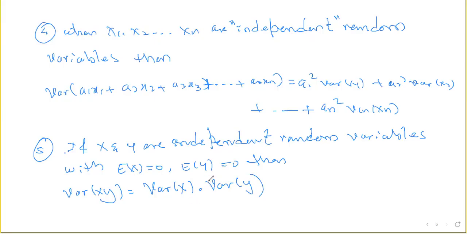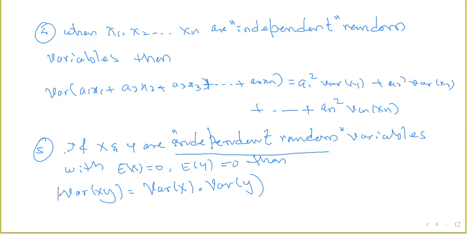But here what they given? Okay, this is what the given remark. So one more time I will recapitulate this remark. If x and y are independent random variables, again same here also independent, right? If these are dependent, this one won't work.